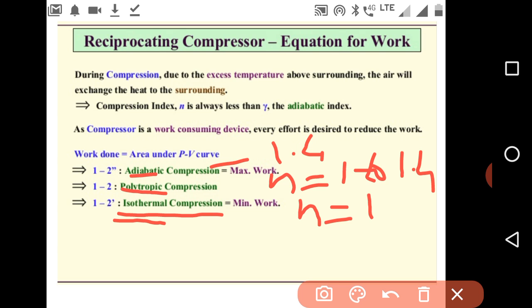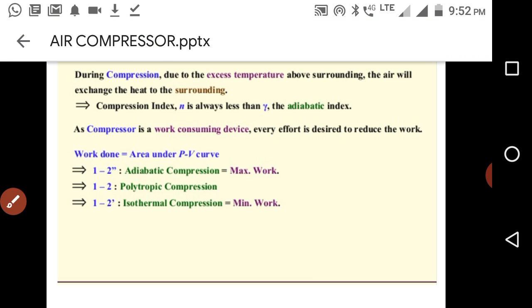Now how can we achieve the isothermal compression process? If we are completely reducing the internal energy increase to zero, then we can say that the temperature of air at the suction point is equal to the temperature of air at the discharge point. Now we have to understand how.